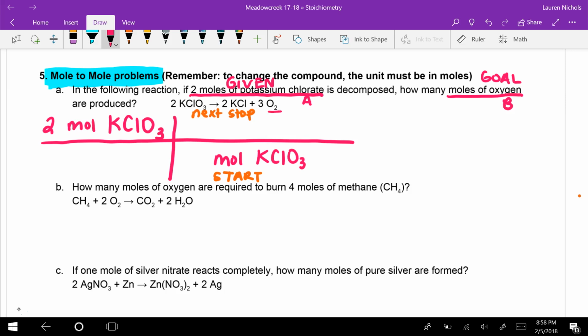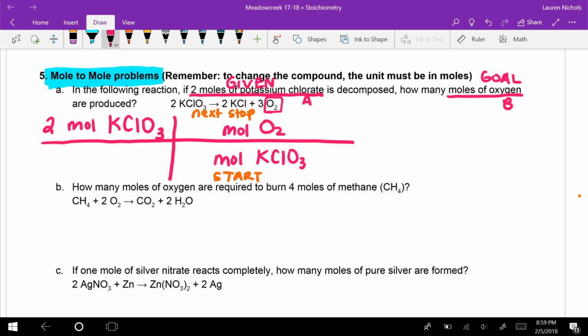And we see in our problem that oxygen is not oxygen by itself, it's moles of O2 because it's diatomic. And the road that we used to go from moles of A, or moles of potassium chlorate, to moles of B, which is moles of oxygen, was mole ratio. So that means we need our coefficients.